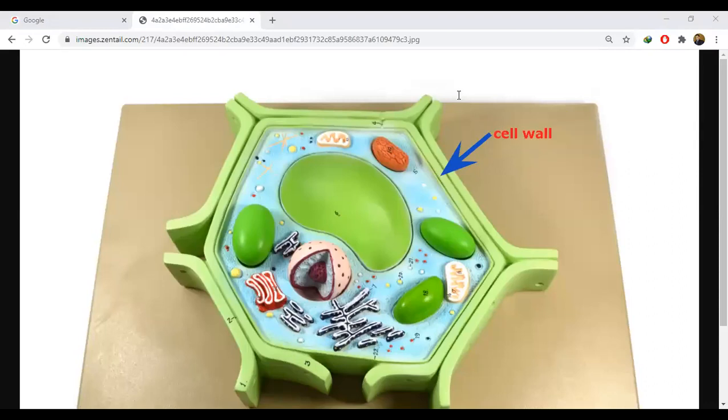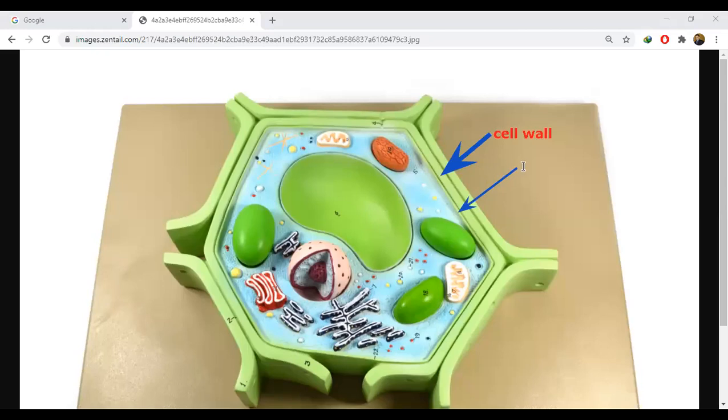Yes. Inside the cell wall, there will be another layer.